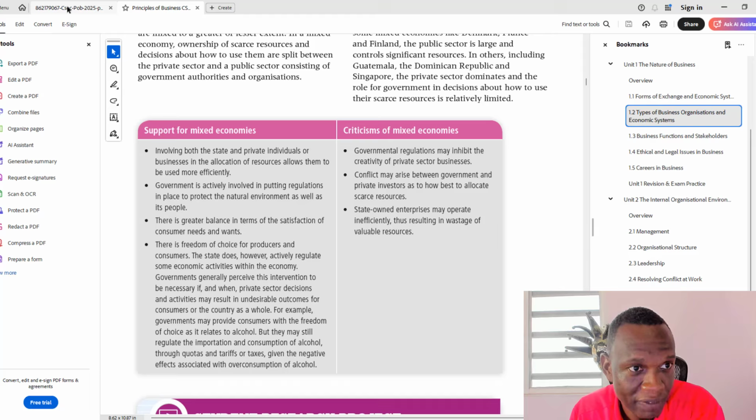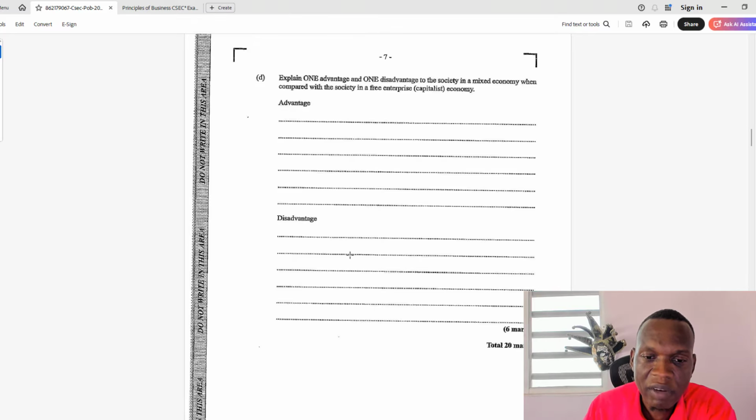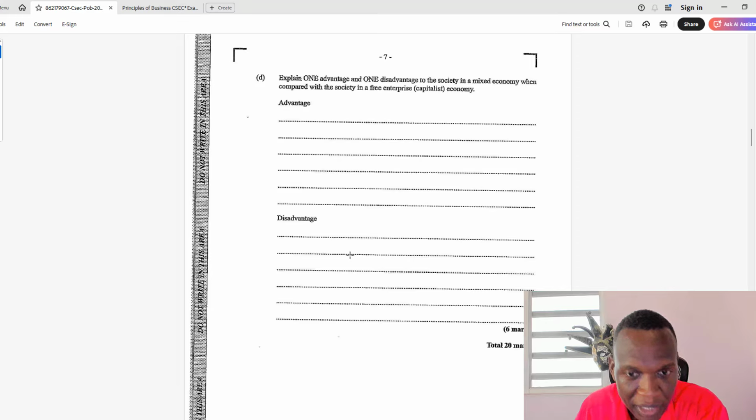So that's one advantage. And next, the disadvantage though is that sometimes government regulations get in the way of the private sector allocating resources to the best of their abilities, or just slow down the ability to actually produce and things like that. So regulations can be a problem, they can be a bottleneck in that system, right?